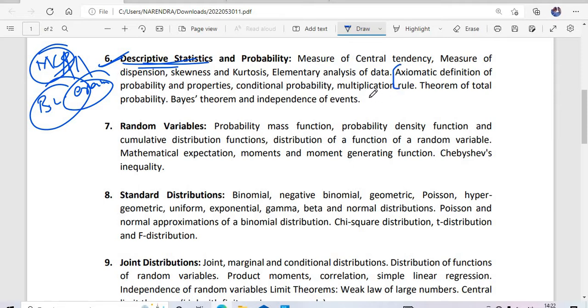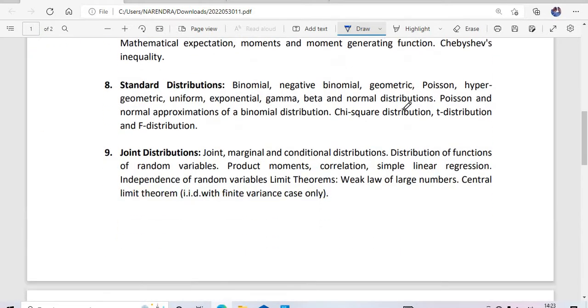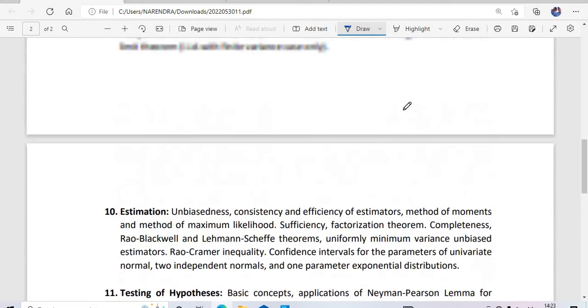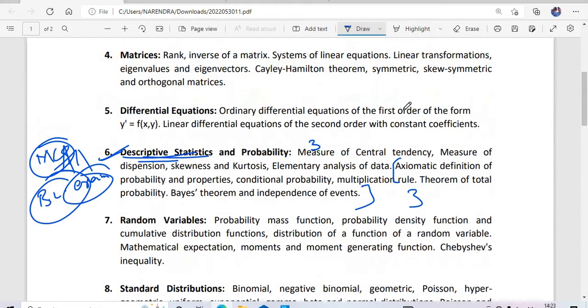Axiomatic definitions to Bayes theorem and independence. So from descriptive statistics three questions come, and from probability also three questions come, no doubt. If you observe the syllabus from units 6 to 12, maximum 7 units are statistics.